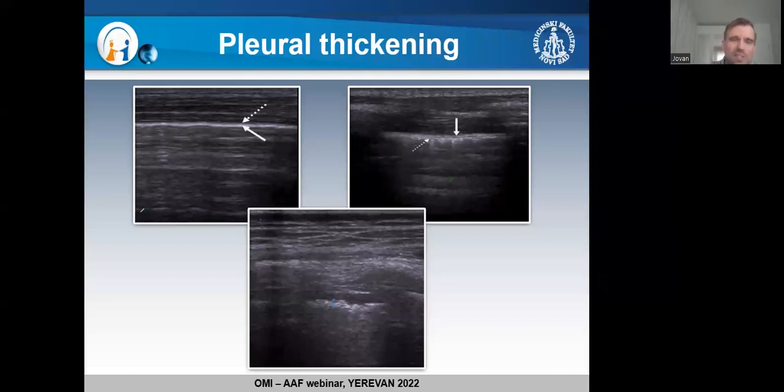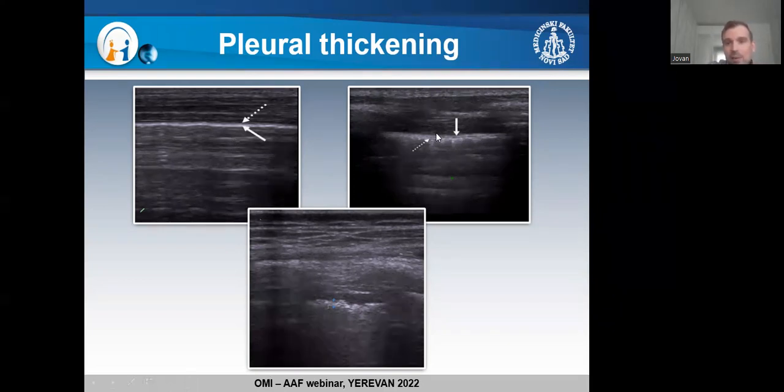Now, just a few words. I know that most of you know about pleura and pleural effusions, because we started to use ultrasound decades ago for that purpose. So anyway, just a few slides about it. The modern ultrasound devices we are using today enable us to even distinguish between visceral and parietal pleura, which was impossible 20 or 30 years ago.